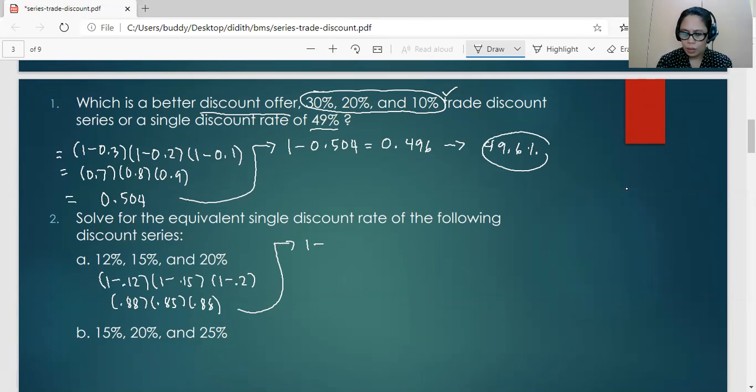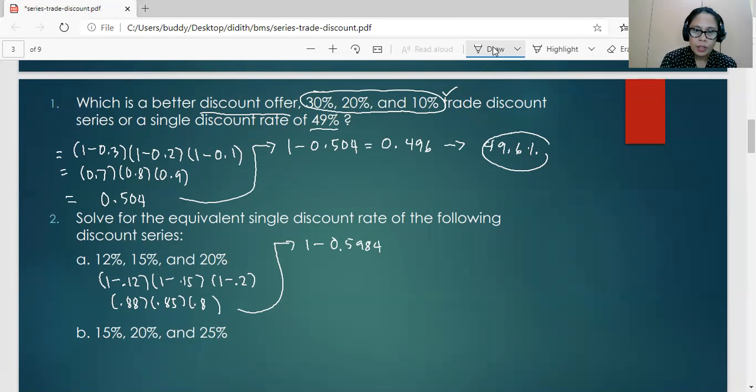So 0.88 times 0.85 times 0.8. It has to be 0.8 only. Okay? This one is only 0.88. So we have 0.5984.